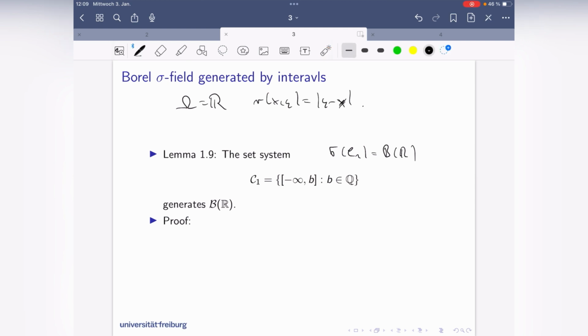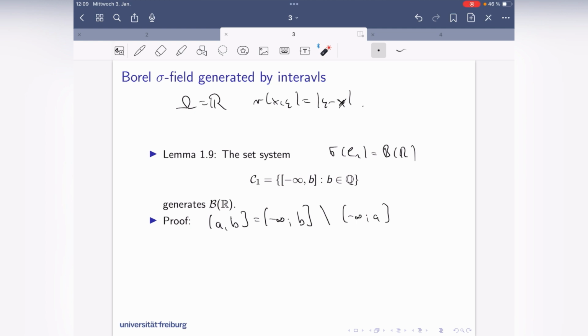So how do I see that this generates everything I need? First of all, I can generate (a, b] as (minus infinity, b] without (minus infinity, a]. Yes, so I can write it like this, that's clear.